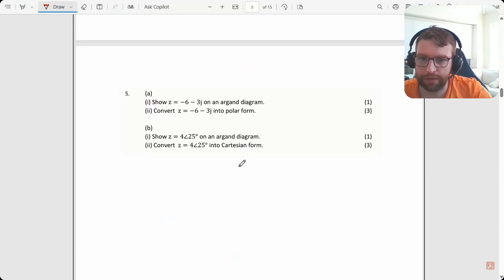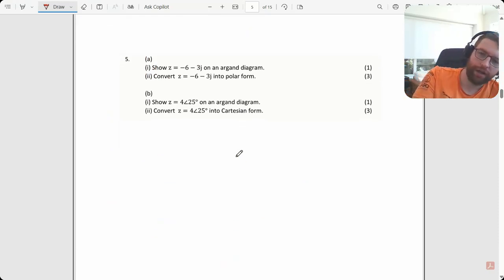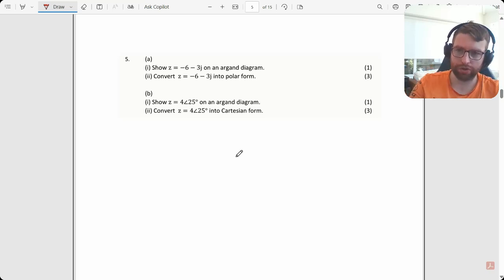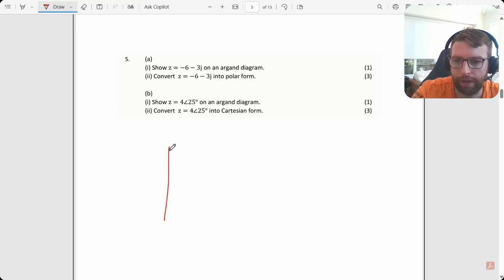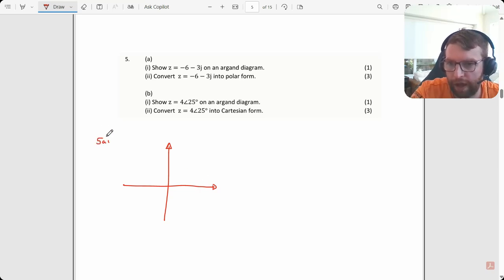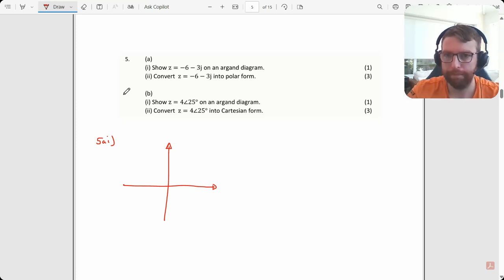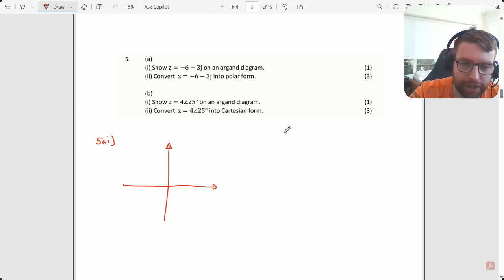So, yeah, sound. Drawing an Argand diagram is effectively writing your number in XY coordinates. If we go for the first one, 5a, we have imaginary numbers or J numbers or however you want to call them. We have them in the form X plus YI.